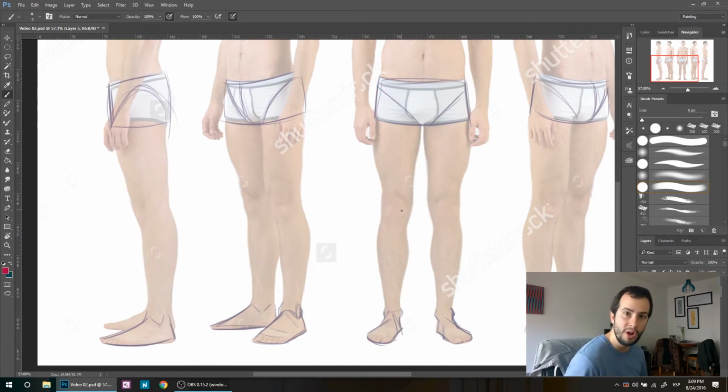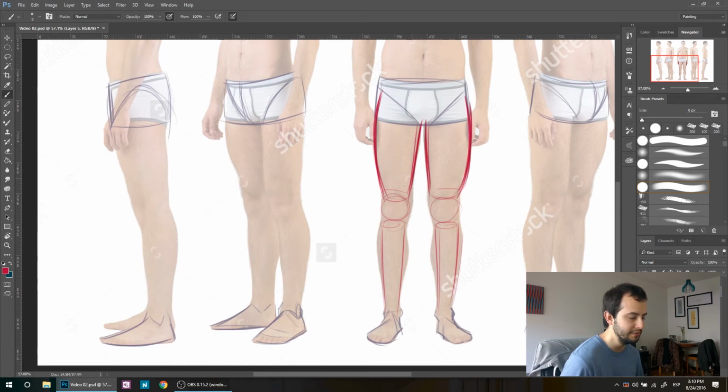So if we want to draw a super simple way of drawing legs, you start with the cylinder, you come from the hip, you do cylinder 1, you do the ball for the knee, you do cylinder 2, here we go, and then you think about curving this, and then going straight with this, and curving this part.